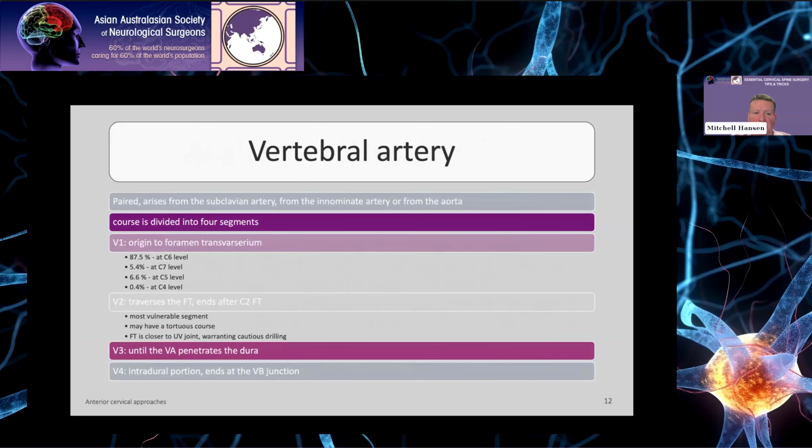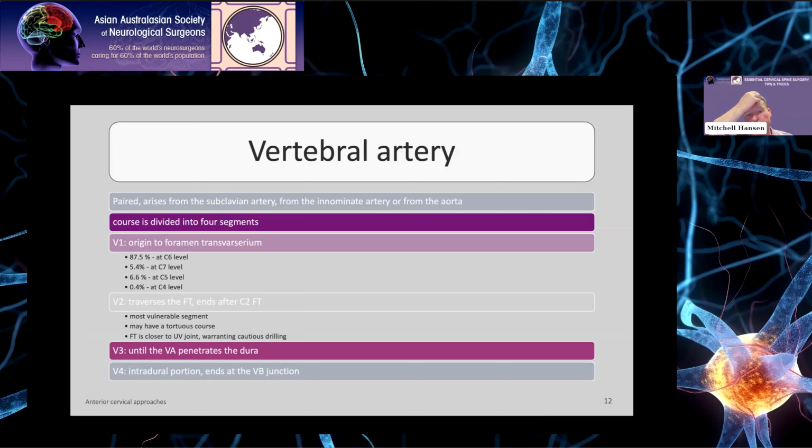Some of the big red things that you need to worry about, the vertebral arteries. Generally, almost 90% of the V1 comes through at the C6 level. It can come in lower 5% of the time at C7. Generally, it is safer if it goes higher. The most vulnerable segment, as we know, is higher up at the foramen transversarium after C2. And this can have a tortuous course.